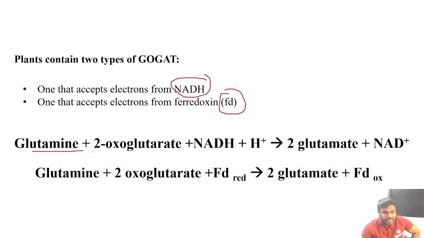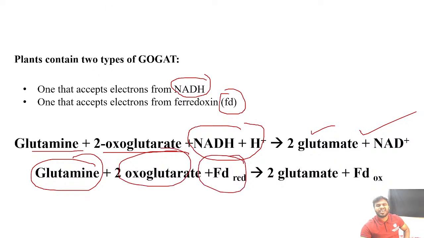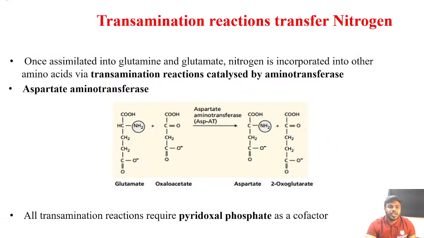So glutamine, 2-oxoglutarate, electrons given by the NADH. The reaction is the same: glutamine, same 2-oxoglutarate, electrons given by the ferredoxin. There will be no change at all. So I want you to remember, GOGAT will exhibit in two forms. It can accept NADH, and it can accept the electrons from FD also.